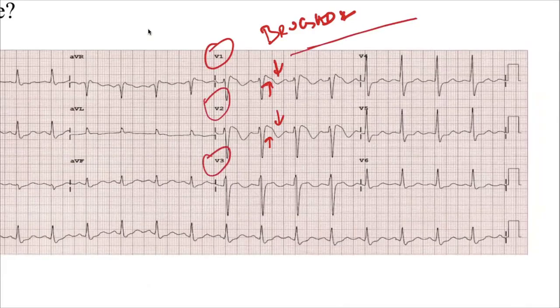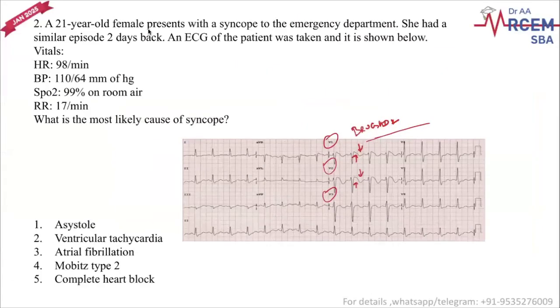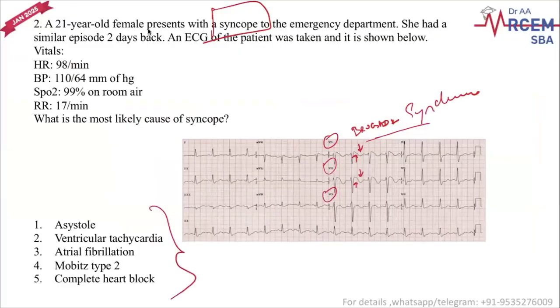Can I label it as Brugada syndrome? Yes, because the patient had a syncope, so I have a reason to label it as Brugada syndrome. But none of the options mention it. They're asking why the syncope is likely. Because Brugada syndrome can predispose to VT or VF.